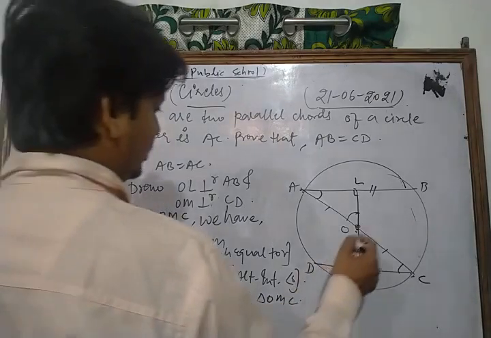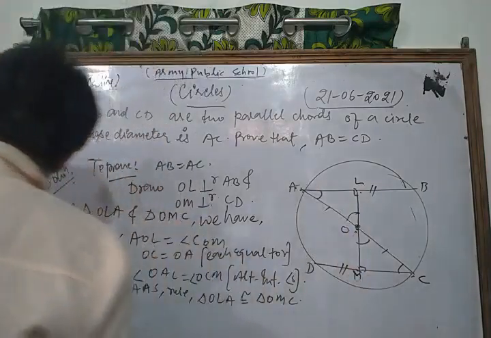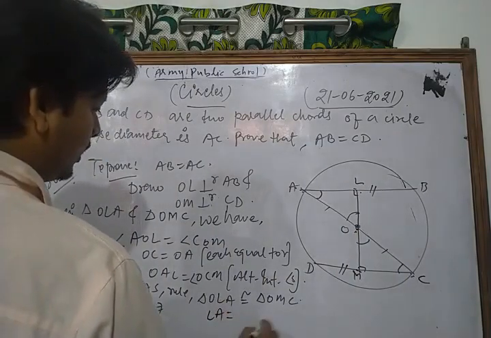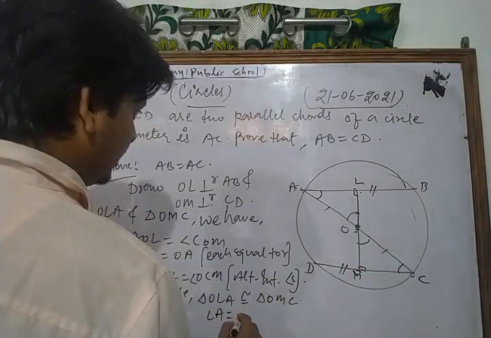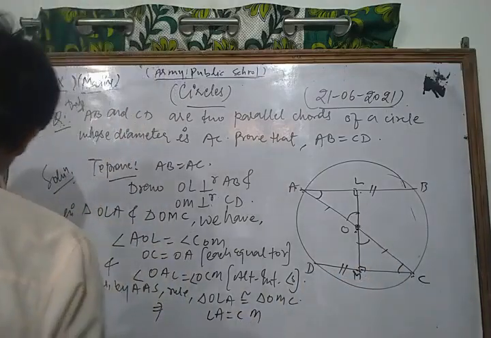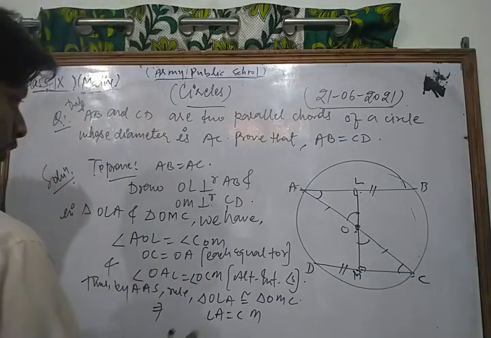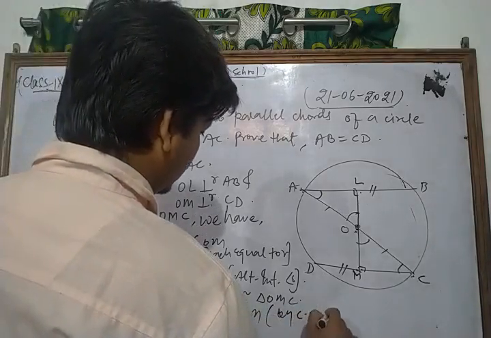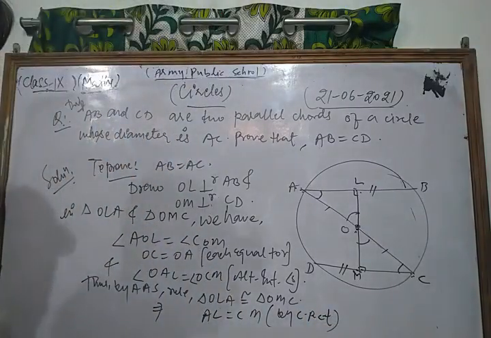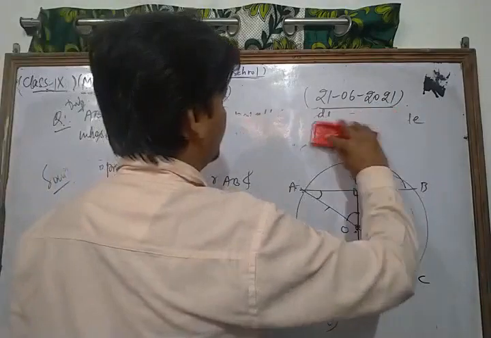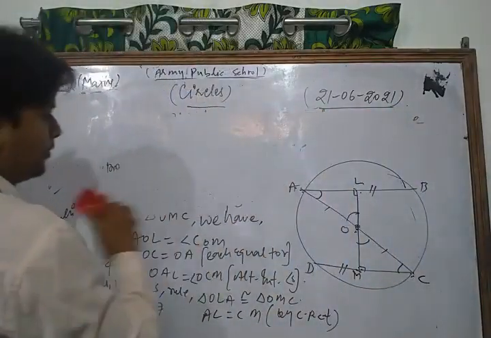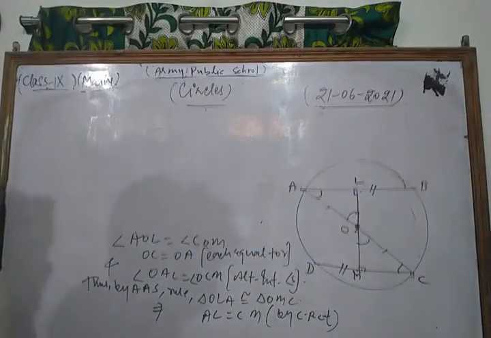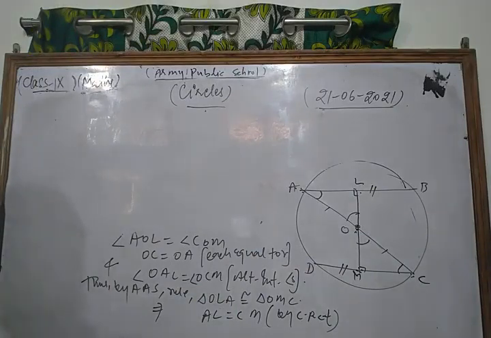So we have shown that triangle OLA is congruent to triangle OMC. Thus we write AL is equal to CM by CPCT.